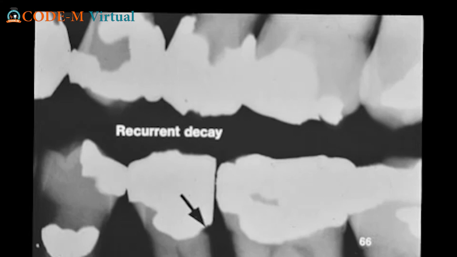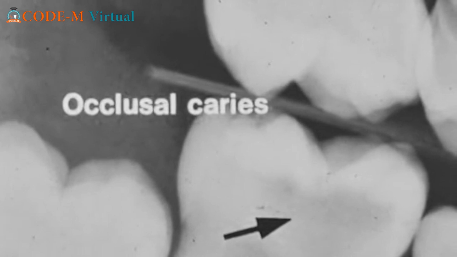In this X-ray we can identify some recurrent decay due to improper restorations, and this arrow is indicating some cervical lesion in this lower premolar. Now have a look at this X-ray.